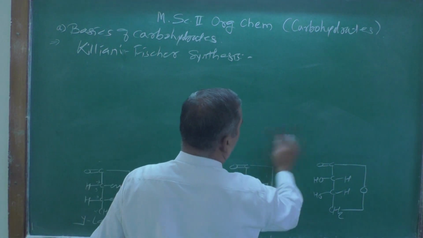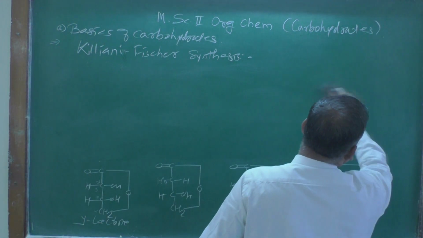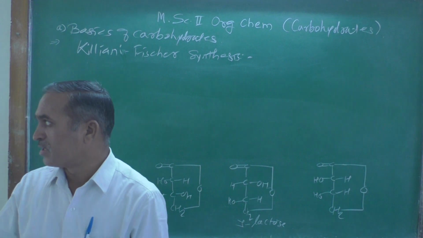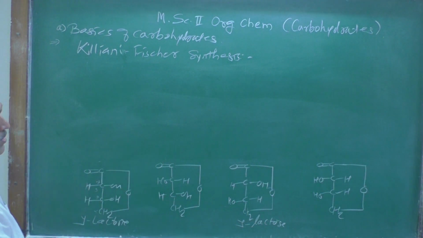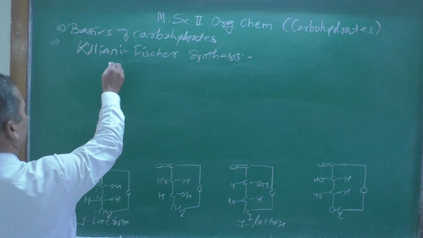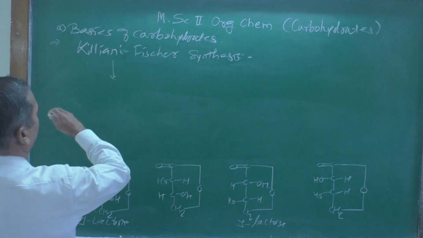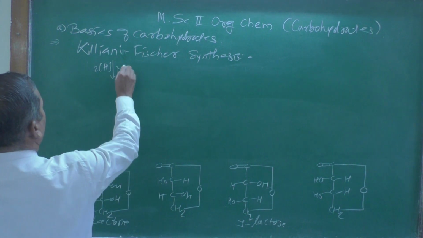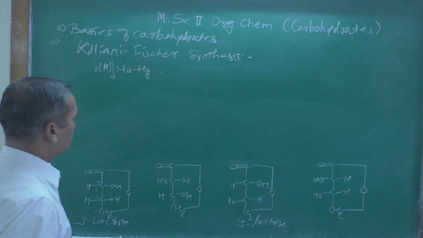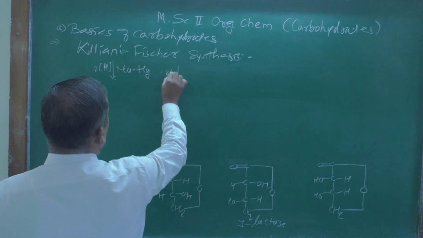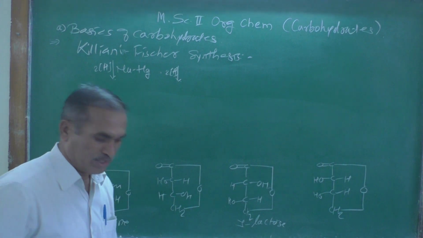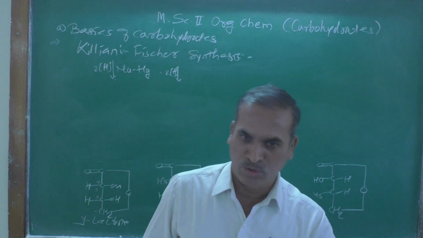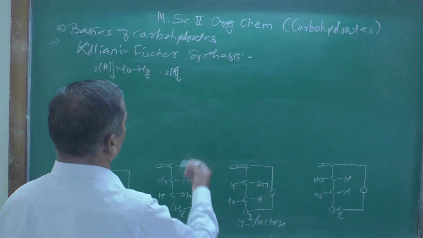Just by heating such types of acid, they get converted into lactone. That is the tendency of this compound. Now this compound further, with 2H, the nascent hydrogen produced from sodium amalgam, which is a reducing reagent that can reduce specifically the lactone, gets converted.